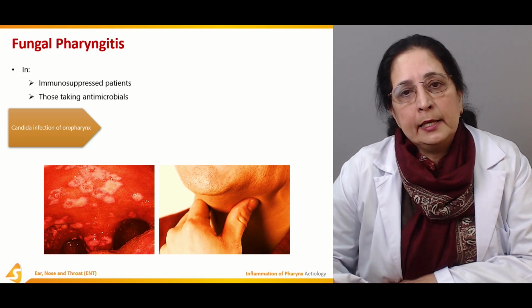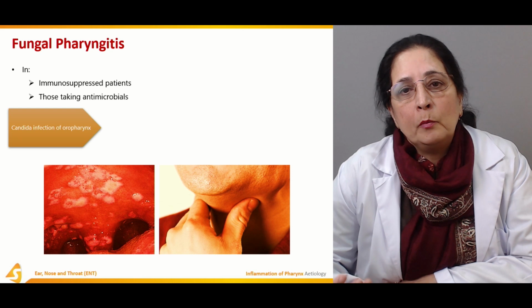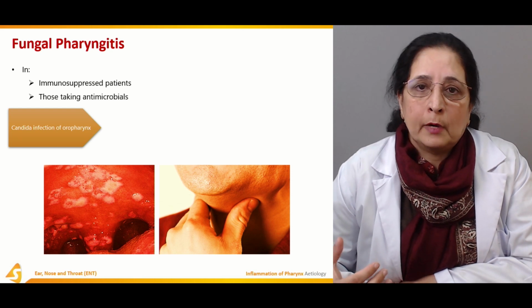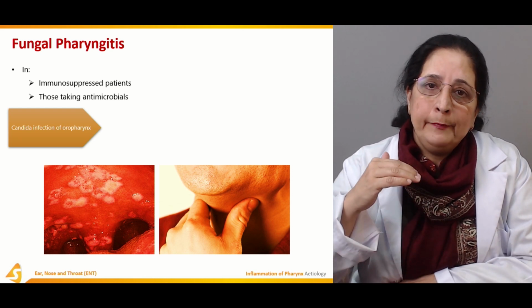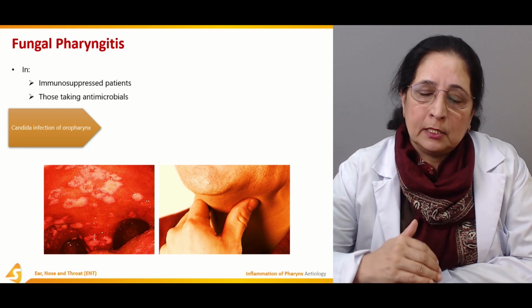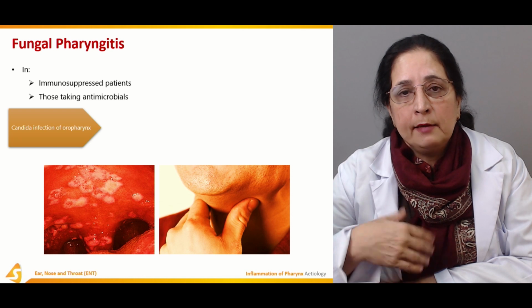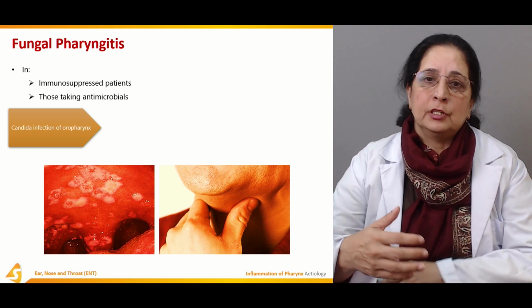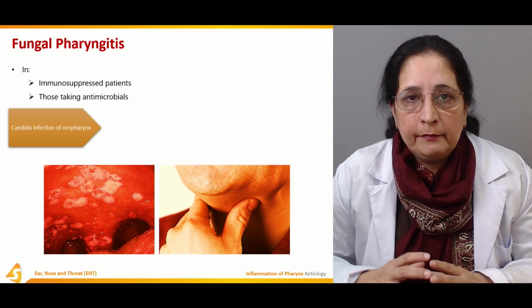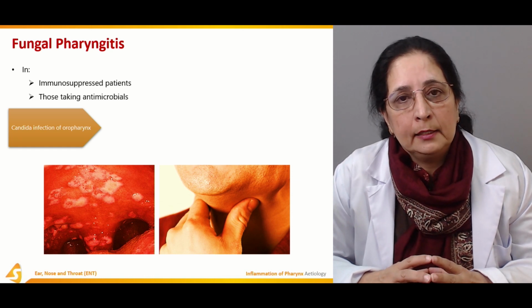Candida albicans is the normal flora of the body, of the mouth, but whenever the immunity is depressed or patients are immunocompromised, even simple infections can become severe and they start affecting the patient.